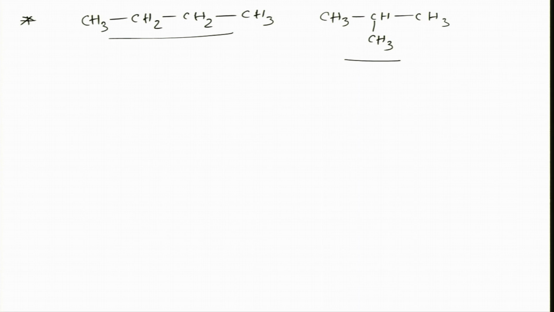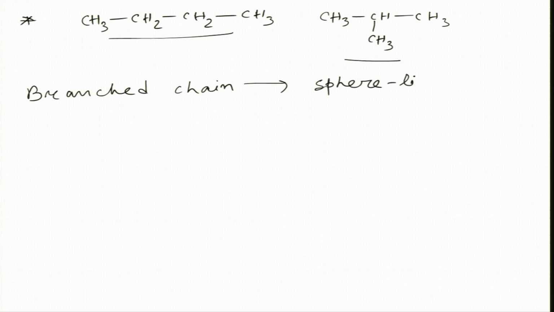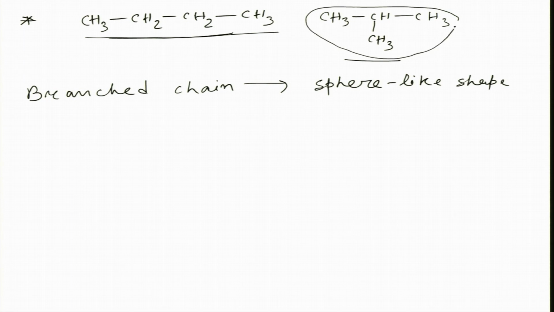Why? Because the branched chain molecules acquire a sphere-like shape. Like if we compare, then this is nowhere spherical, right? But for this compound we can consider it like this.